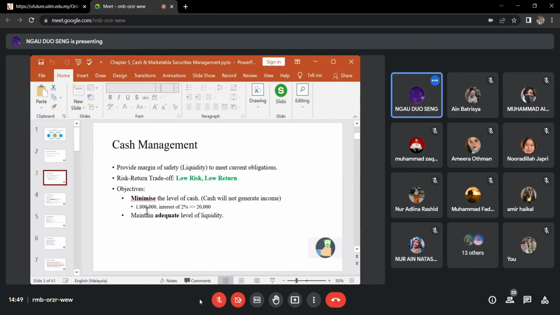If we have 1 million, interest of 2% will be 20,000 already, if we invest. If the money is huge, that's why the company will try to reduce holding cash. 20,000 maybe can already pay 10 people 10% of salary for a month. So they try to minimize the level of cash.